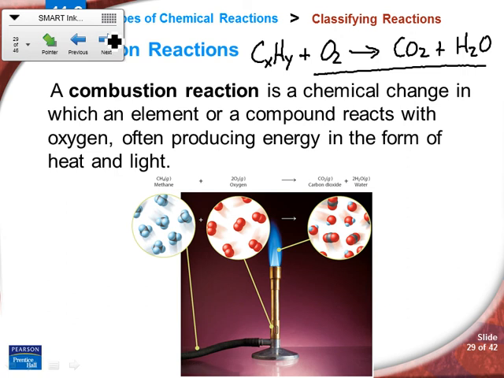The example here is the Bunsen burner, which burns methane, which is CH4. So CH4 plus O2 gives you CO2 plus H2O. See? It's the same every time. The only thing that changed was this first molecule.